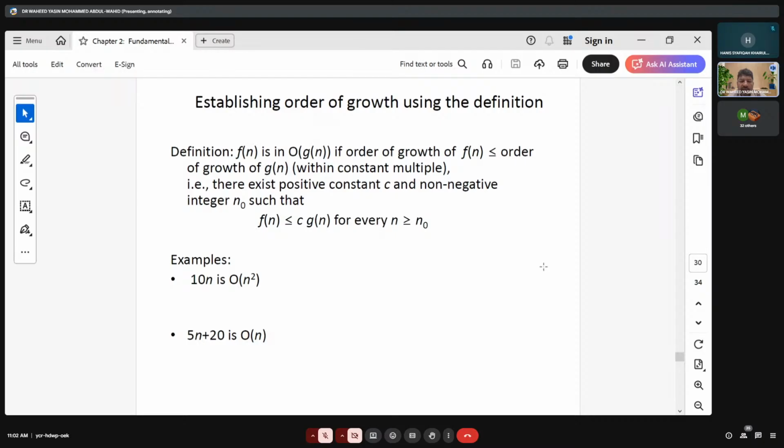Example: 10n is O(n^2), 5n + 20 is O(n). This is just an example. We have O(n^2) and here we have O(n).